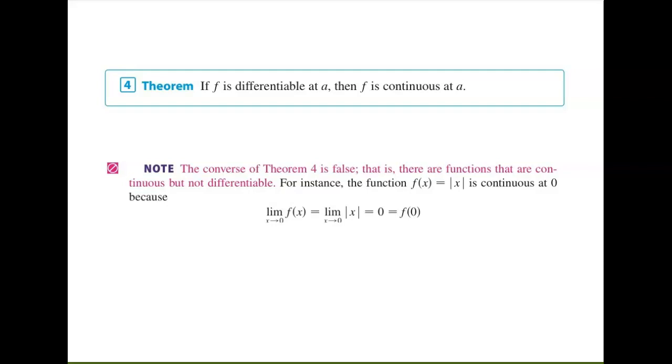The converse of that statement is not necessarily true, as we saw in the last example. An absolute value function is continuous everywhere, but it's not differentiable at its vertex. So what I'm saying is just because a function is continuous does not necessarily make it differentiable. But if it's differentiable, it is continuous.